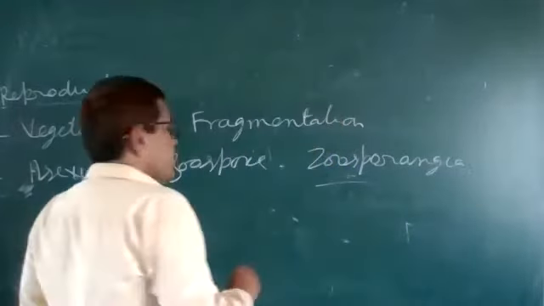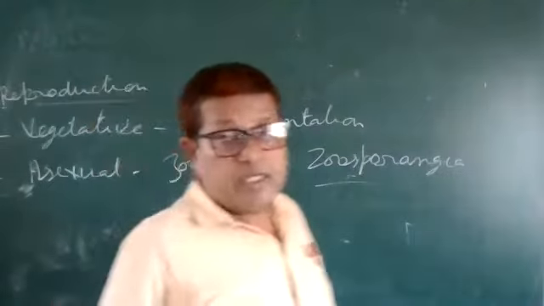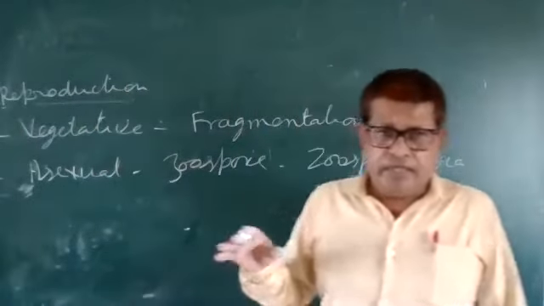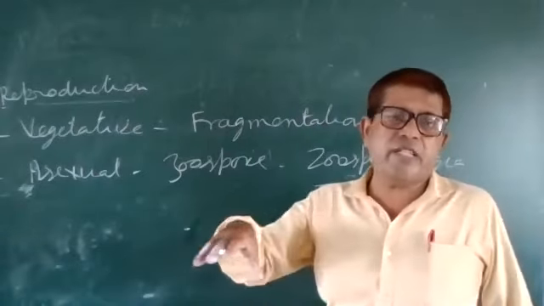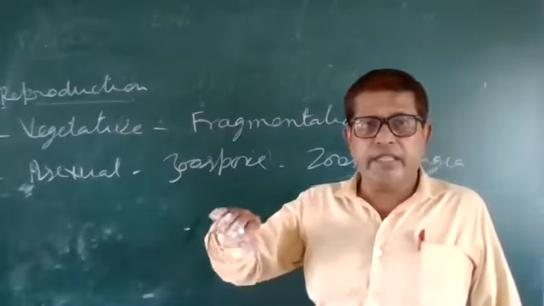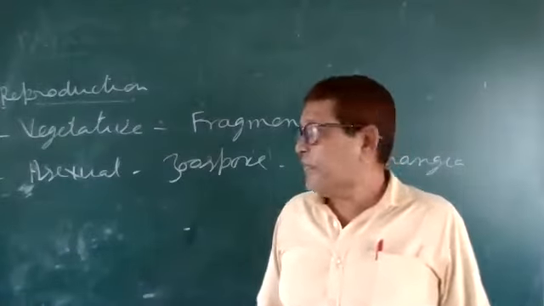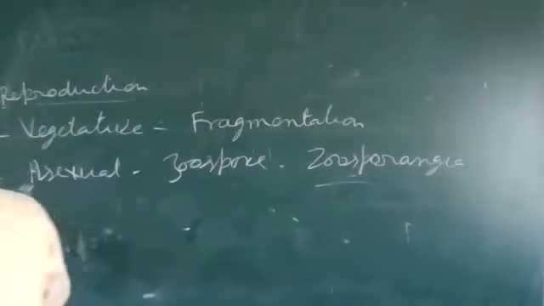Zoospores are produced in zoosporangia, and they swim in the water and get attached to the substratum, and produce a new individual.